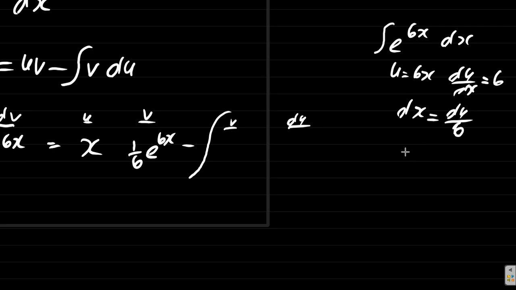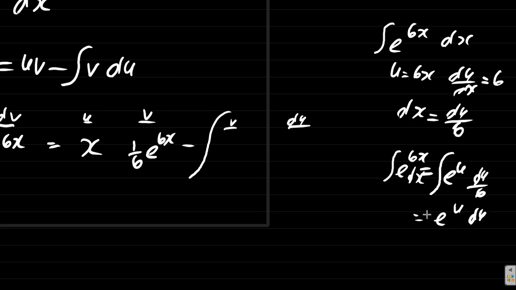Then what you would have is the integral of e to the 6x dx would be equal to the integral of e to the u du over 6, which is 1/6 e to the u, because when you integrate e to the u du, you get back e to the u.